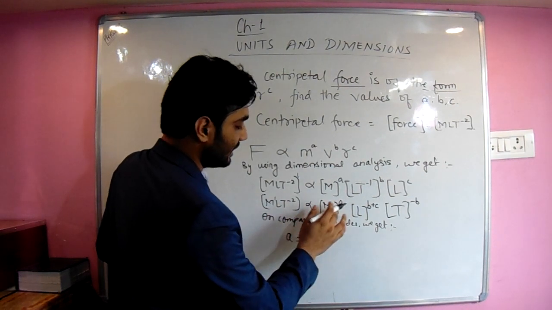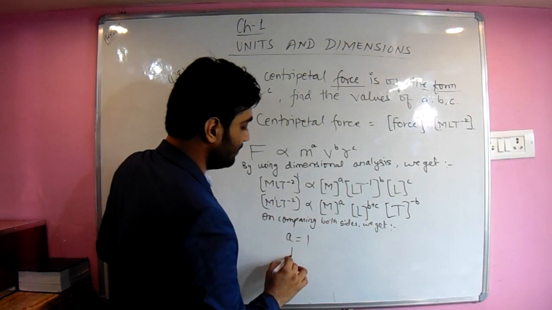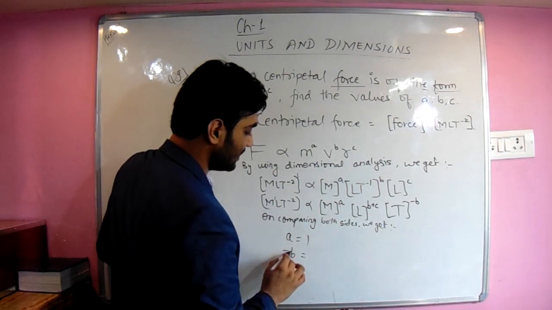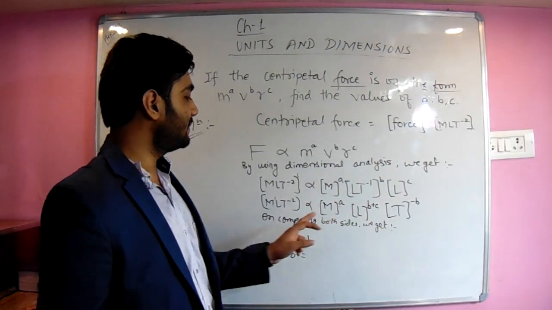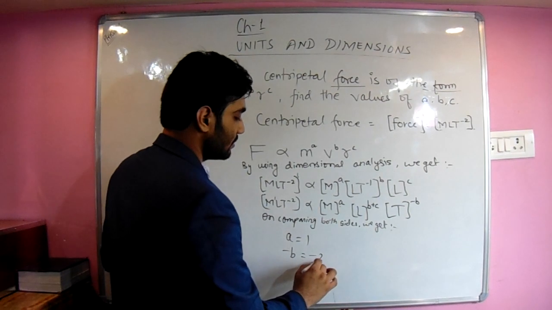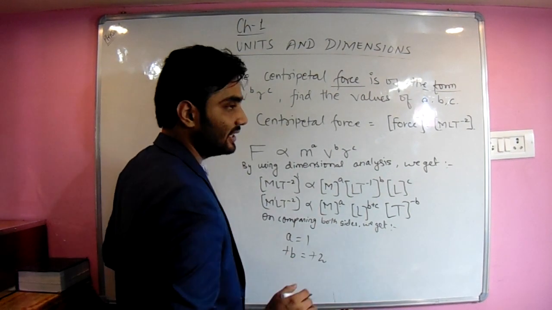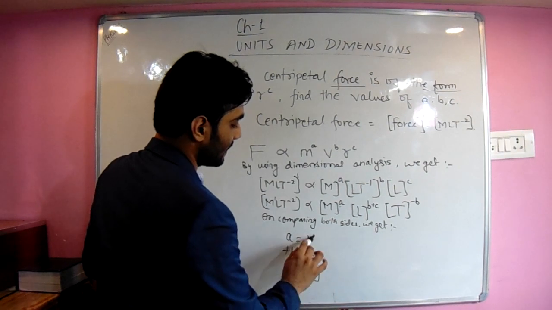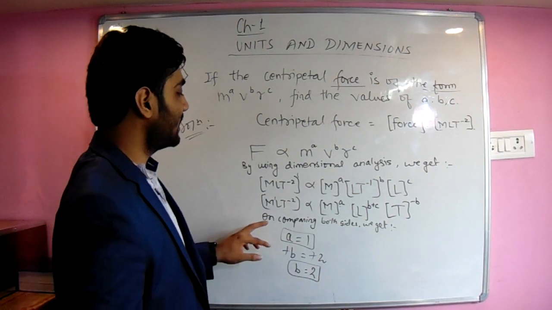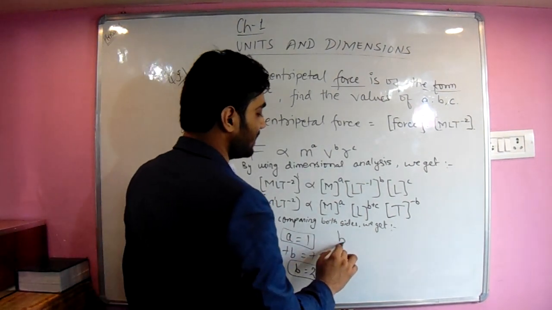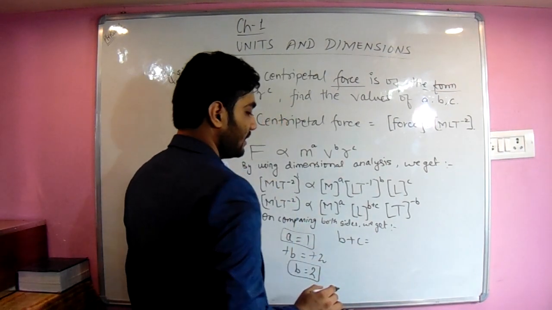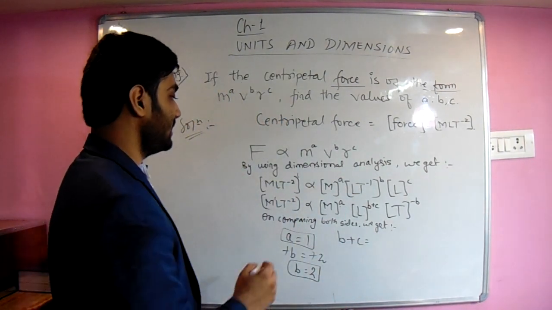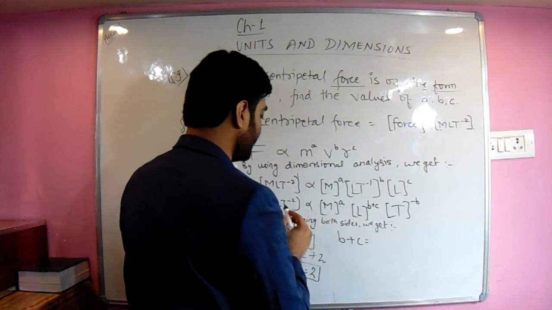So M to the power A is equal to 1, and what about T? T has the dimension minus B and minus 2 equal. Minus minus cancel. B is equal to 2. First answer, second answer, and third answer B plus C. C is C. Okay, we find this.